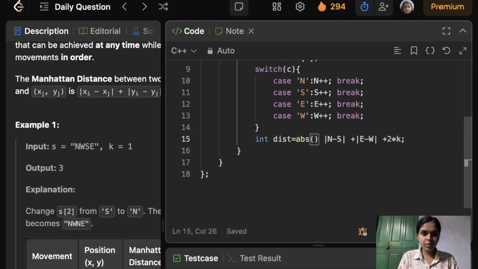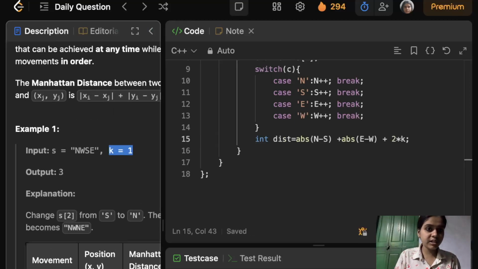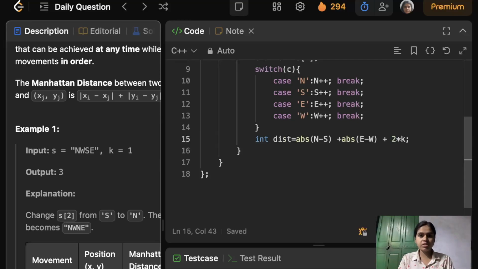So we take the absolute value of n minus s, plus the absolute value of e minus w, plus 2 into k, which is the extra calculation we are provided. These k number of changes, from any one direction to any other direction, are the only ones allowed in this question.